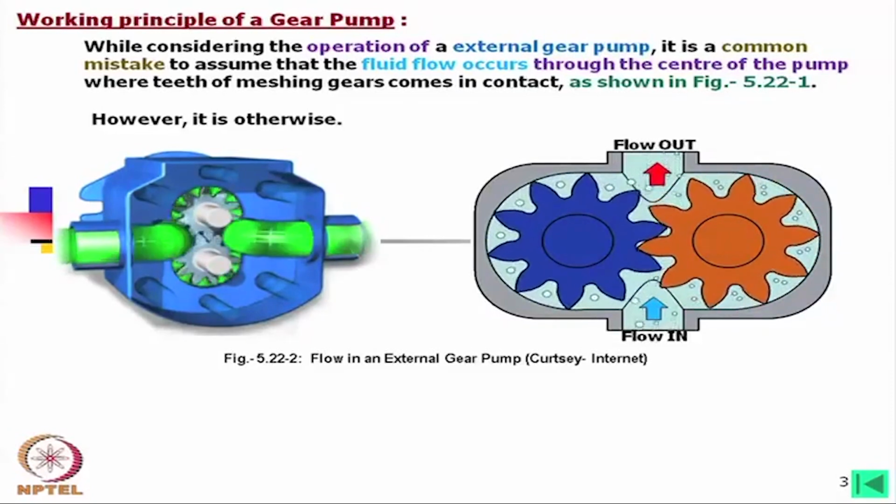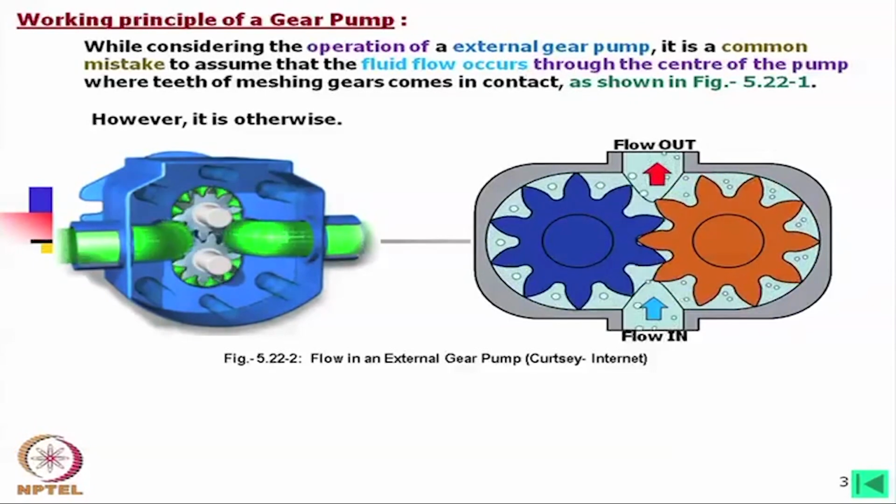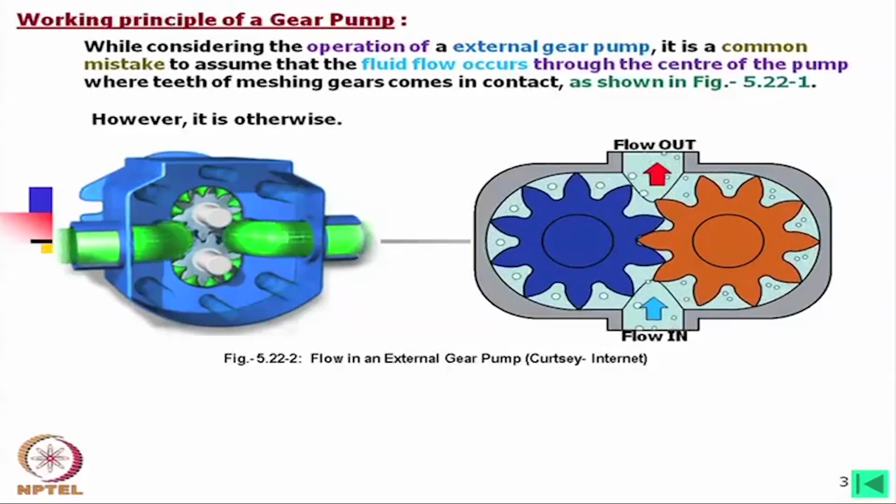Now, how the oil is being pumped out, and we should remember that the input side of the pump is usually at atmospheric pressure, whereas on the output side pressure is high, this is the working pressure, and as we have learned earlier, it might be in the range of 10-15 megapascal in case of gear pump, may not be as high as in case of piston pumps, that is cylindrical piston pumps, where it can be attained up to 30-40 megapascal, but here 10 to 15 megapascal are very common.